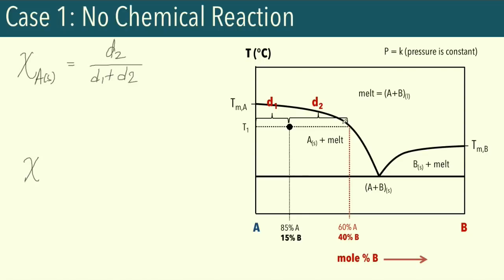The mole fraction of the solution that is in the melt will be the opposite distance, D1 over D1 plus D2.